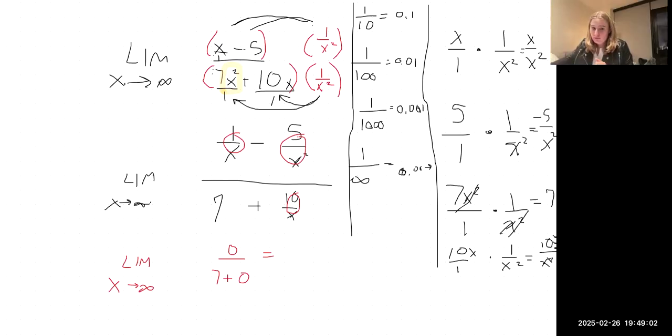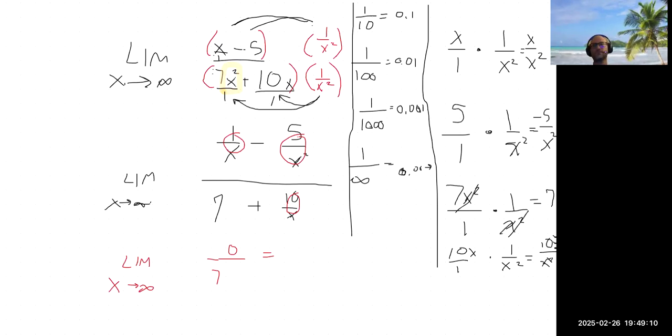Just 7. So let's get rid of that. And what is 0 divided by 7? Oh, 0. Okay, so that is why this is 0.